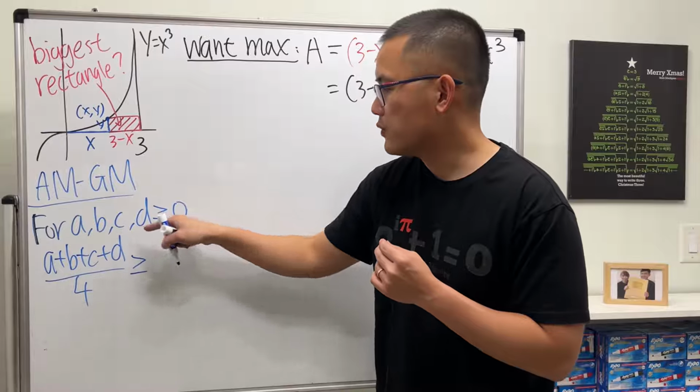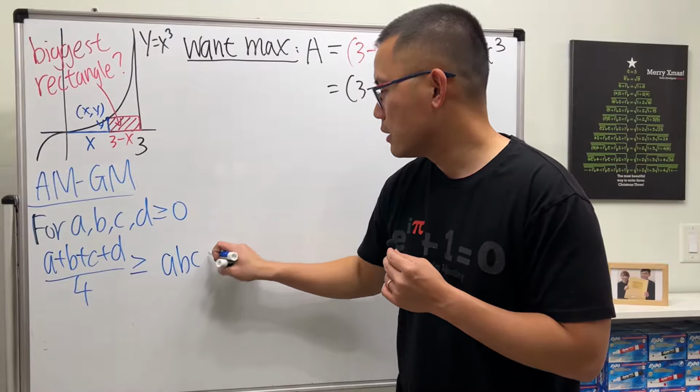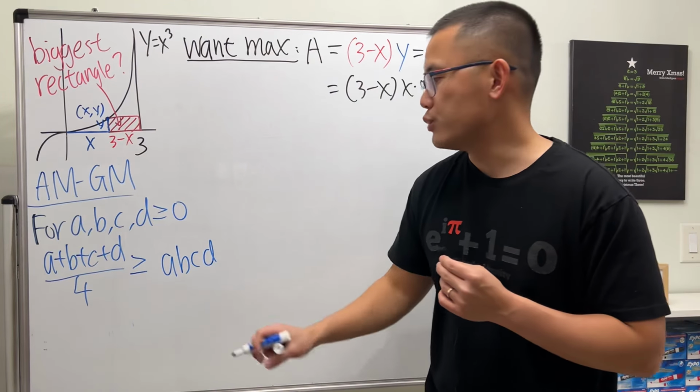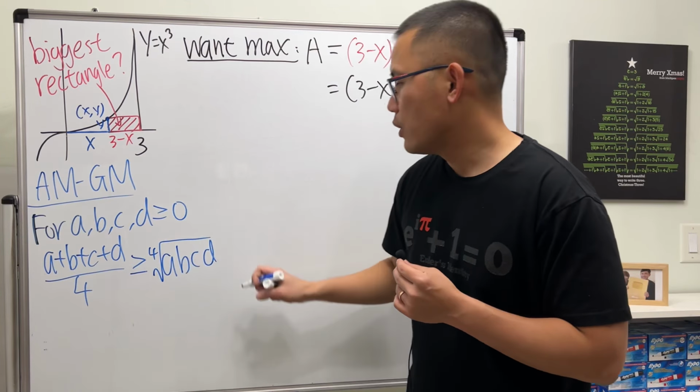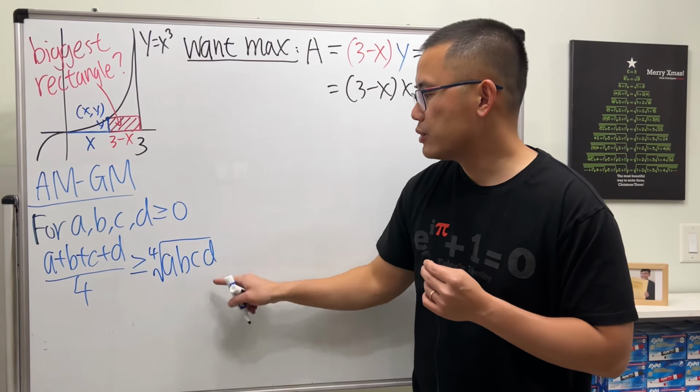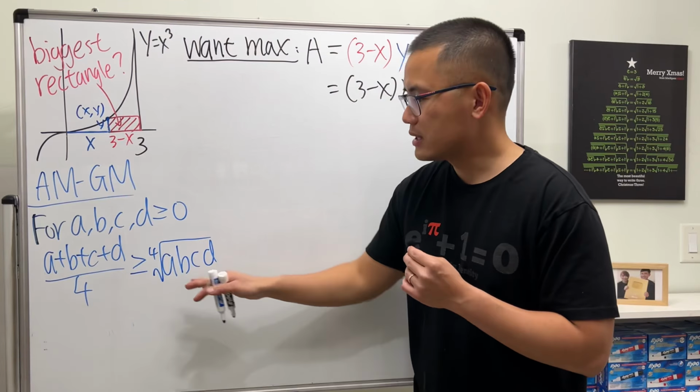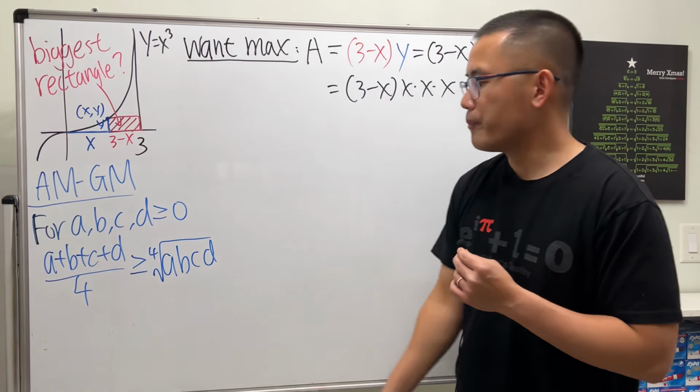You just multiply these 4 quantities, and we take the 4th root. Of course, you can also look at this raised to the 1 over 4th power.